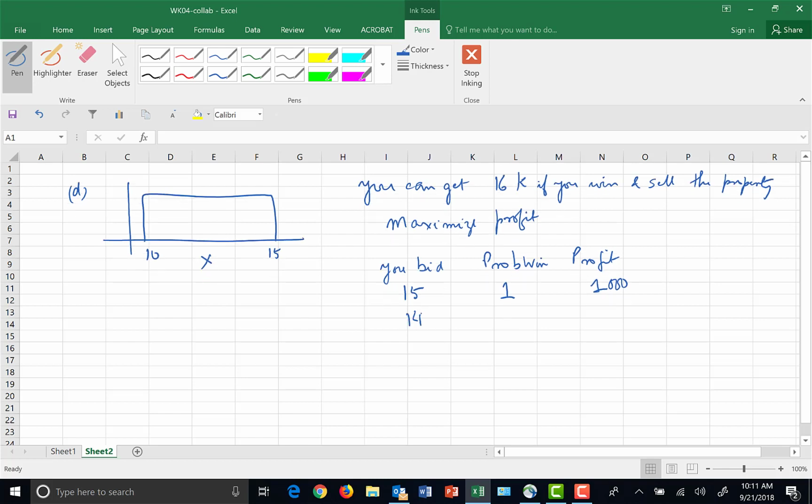Okay, but suppose I bid a little bit less. Suppose I bid $14,000. Then from my previous calculation, I know that I'm not absolutely certain to win it. There is an 80% chance that I will win. That's what we saw in part B, I think. But look at the advantage. The profit that you make is $2,000. So if you win, it's not guaranteed, but you'll make $2,000 profit. Once I have these two numbers, let's see what the expected profit is.